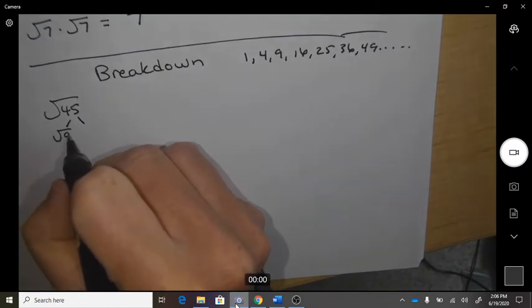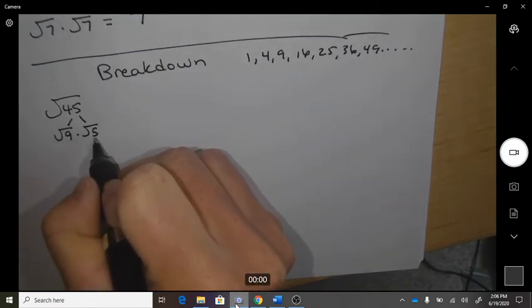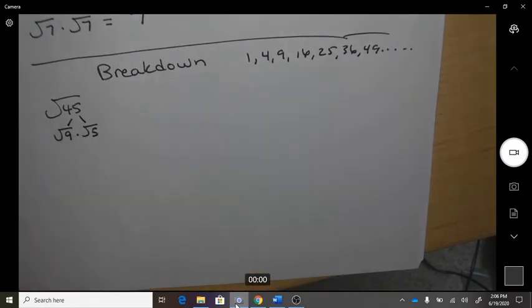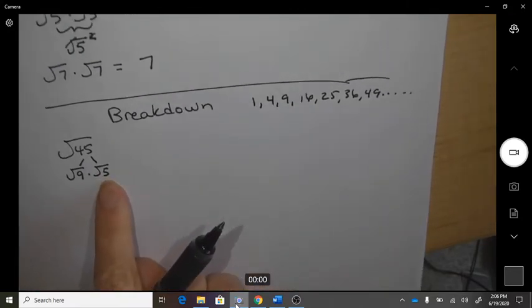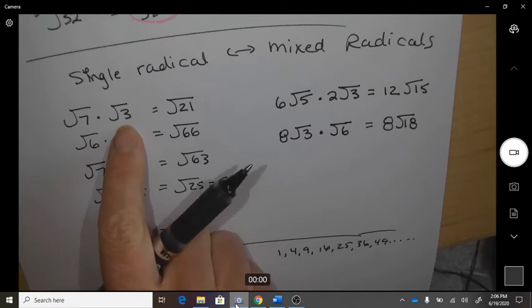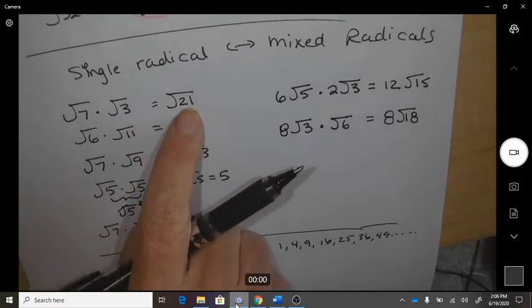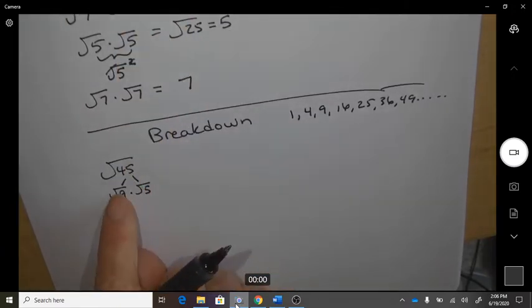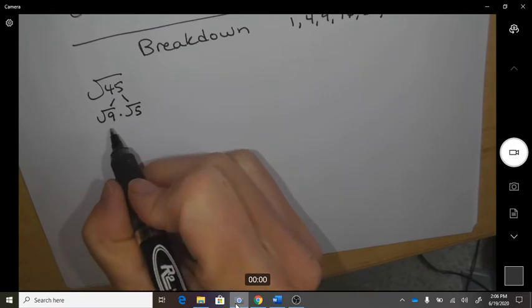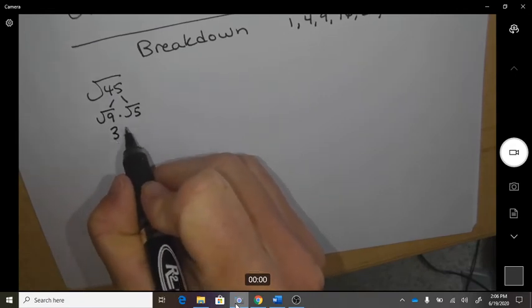So root 9 times root 5 is what root 45 can also be written as, right? So right here, I'm just doing the opposite of what I did here. So here I had 2 separate roots and multiplied them to a single. Here I have a single and I'm splitting it into 2 separate. And then I'm simplifying it because root 9 is a whole number 3.